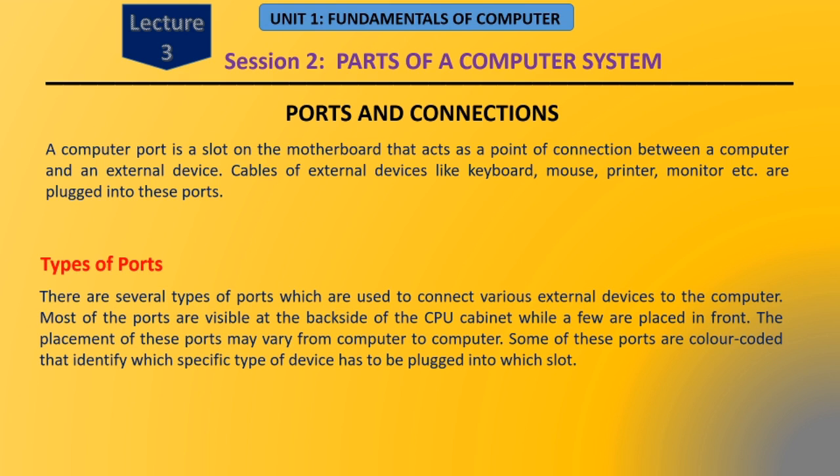Some of these ports are color coded that identify which specific type of device has to be plugged into which slot. For example, in the PS2 port, the blue color shows the keyboard connector and the green color shows the mouse connector.